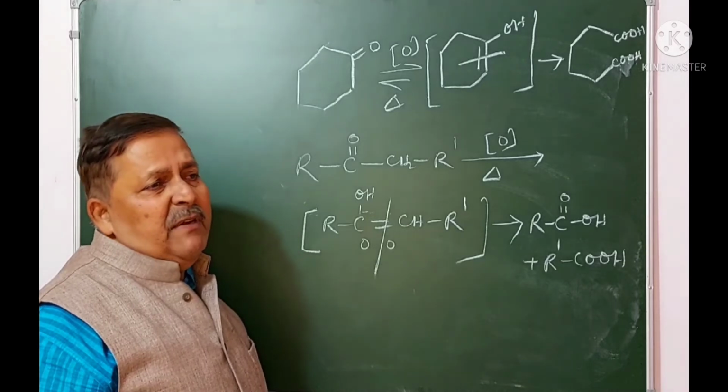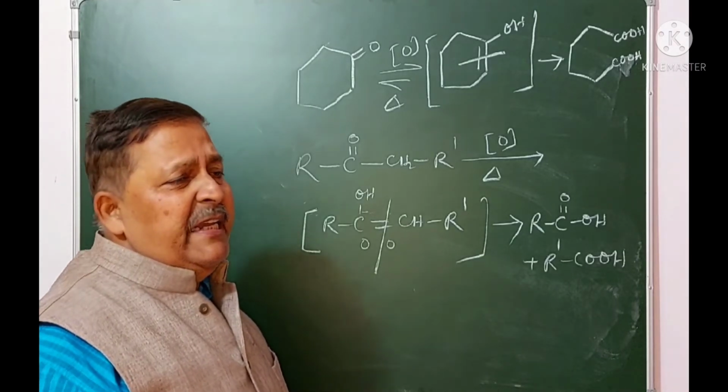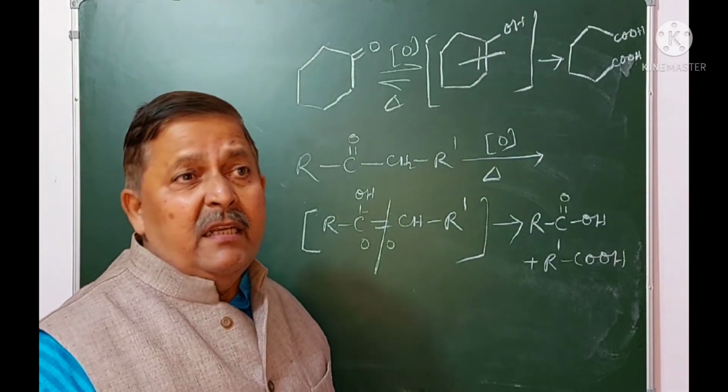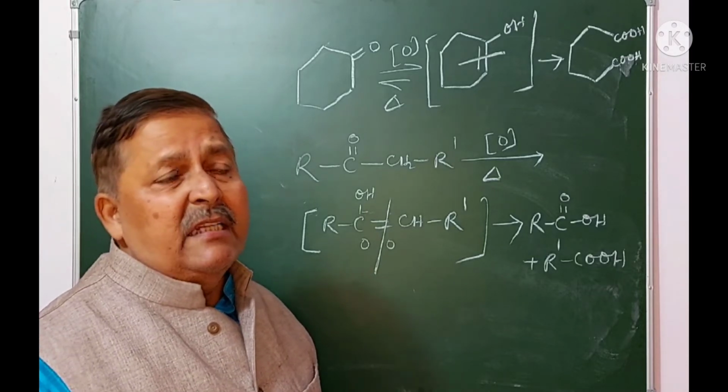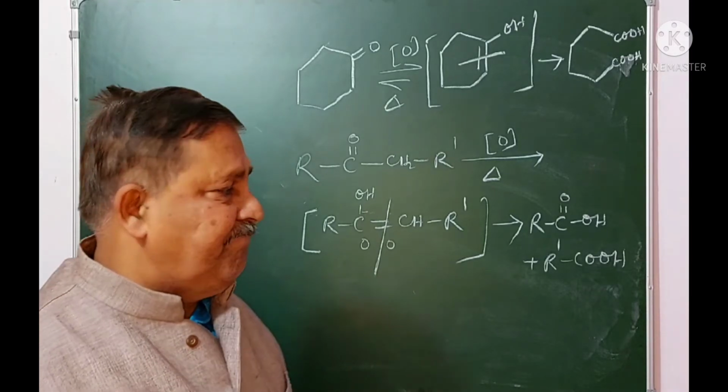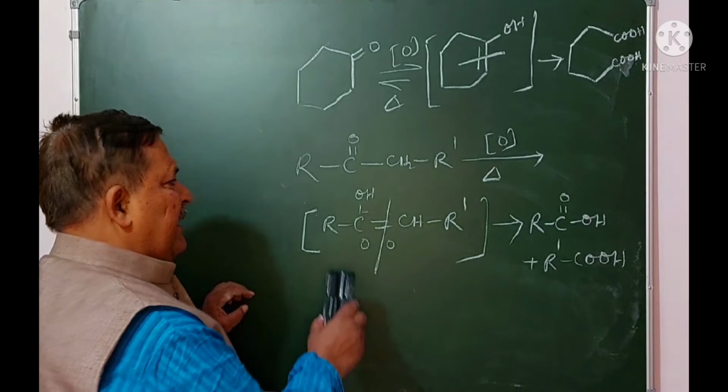So the oxidation of camphor with nitric acid into a dicarboxylic acid confirms that the compound is a cyclic ketone.